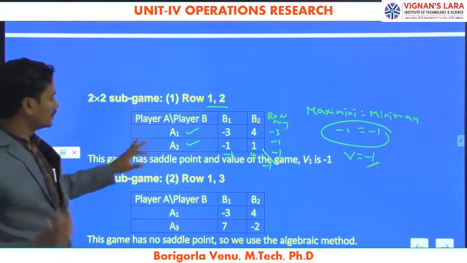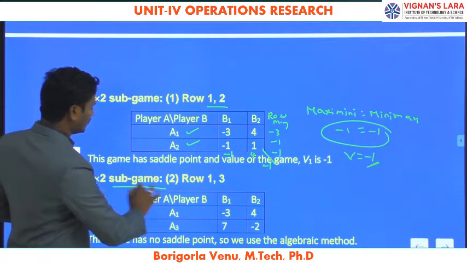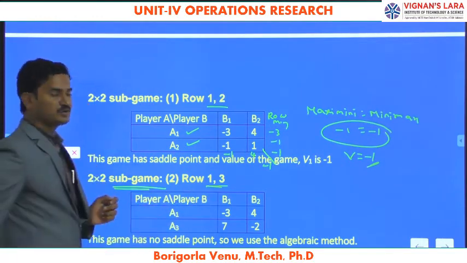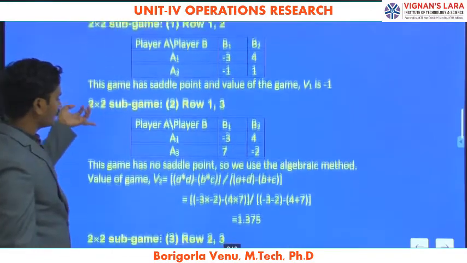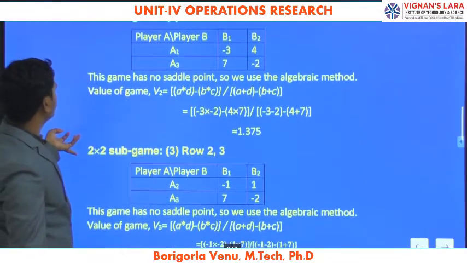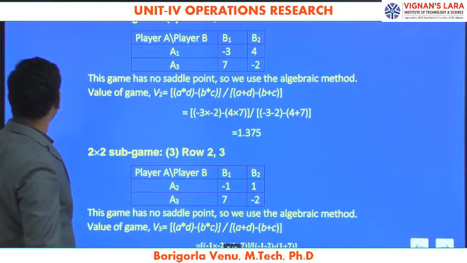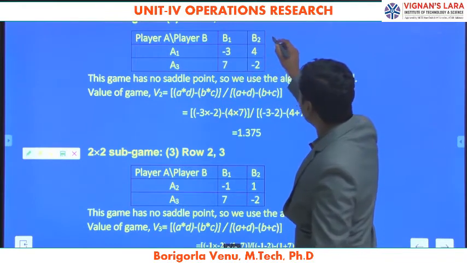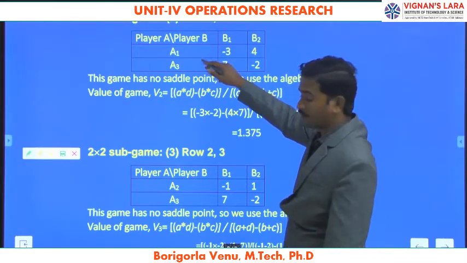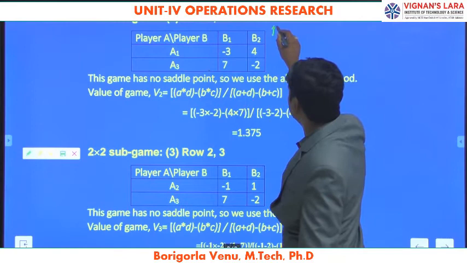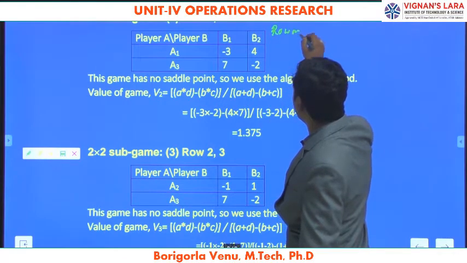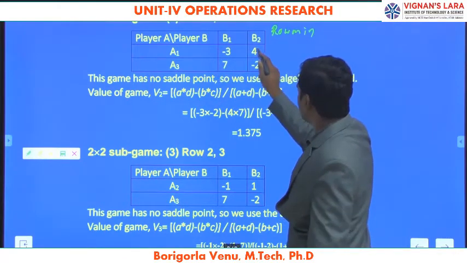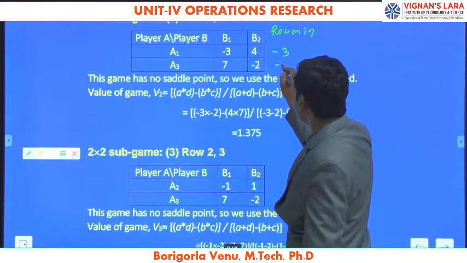Now I am going to take another subgame, rows 1 and 3. From this game I am going to check the saddle point. From rows 1 and 3, I check the row minimum and column maximum. The row minimums are minus 3 and minus 2.